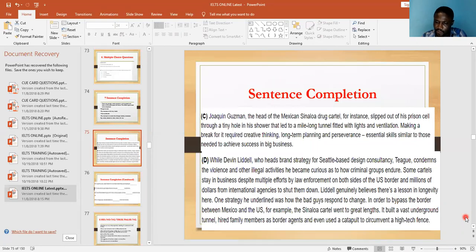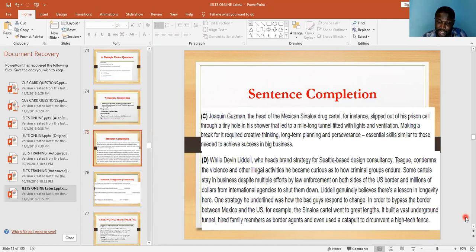It built a vast underground tunnel, hired family members as border agents, and even used a catapult to circumvent a high-tech fence. Now this passage is talking about how they endure.